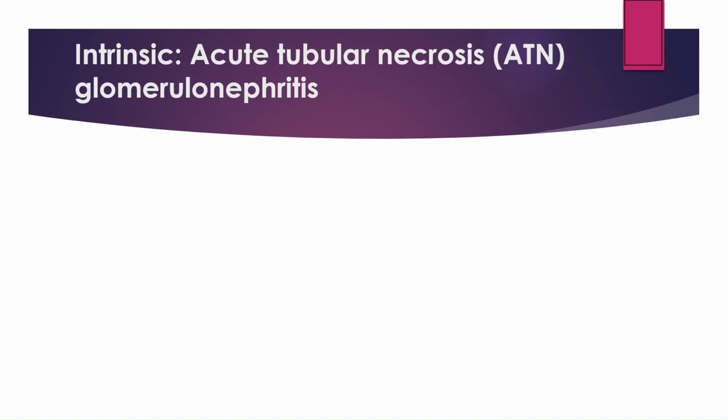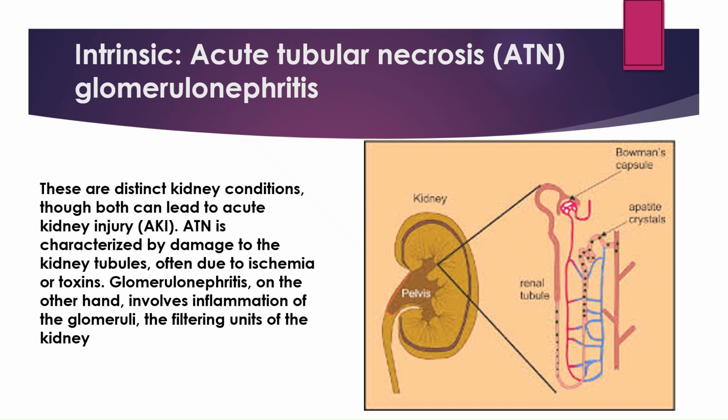Now, let's discuss the intrinsic part, which is acute tubular necrosis, or ATN, and glomerulonephritis. These are distinct kidney conditions, though both can lead to acute kidney injury, or AKI. ATN is characterized by damage to the kidney tubules, often due to ischemia or toxins. Glomerulonephritis, on the other hand, involves inflammation of the glomeruli, the filtering units of the kidney.